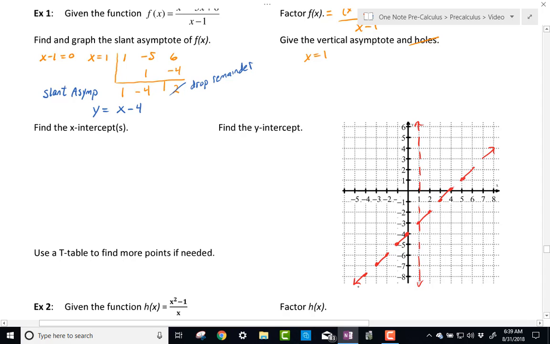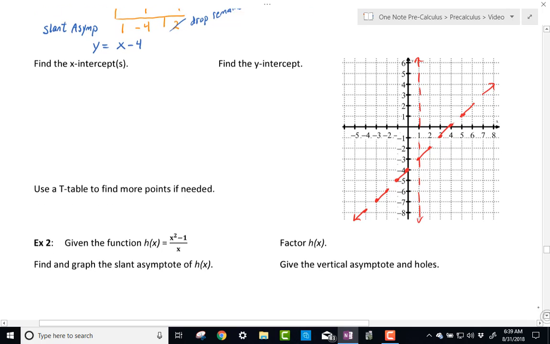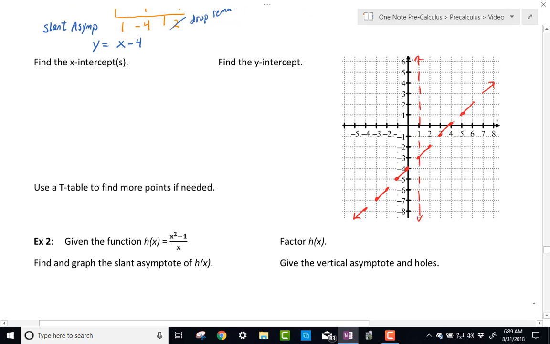And now I'm going to finish this off just like I normally would. I'm going to find the x-intercepts, the y-intercept, and then I'm going to find a couple points on either side of the vertical asymptote if I need to. Alright? So, let's keep going, because everything else now is exactly the same as what it was. X-intercepts. To find x-intercepts, I need to set y equal to 0.